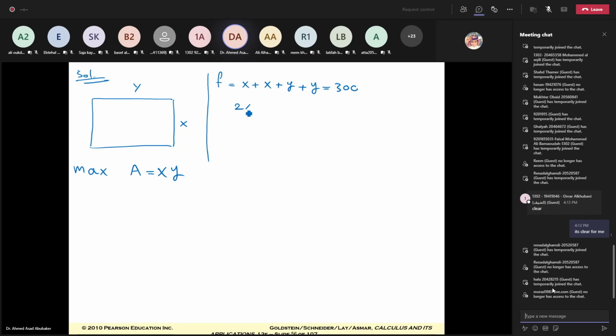So 2x plus 2y equals 300, so 2y equals 300 minus 2x, divided by 2, we have y equals 150 minus x.